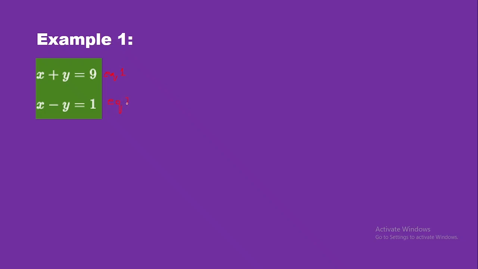Now we need to find the values for both x and y that can make both equations true. In this case, I can either add or subtract in order to eliminate one of the variables. I can eliminate the x or I can eliminate the y. In this case, however, I am going to add.